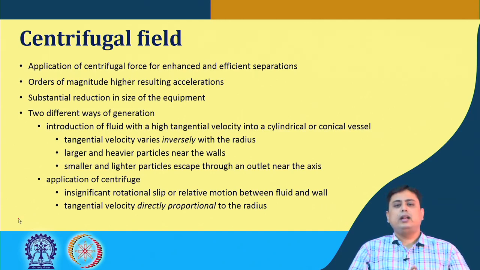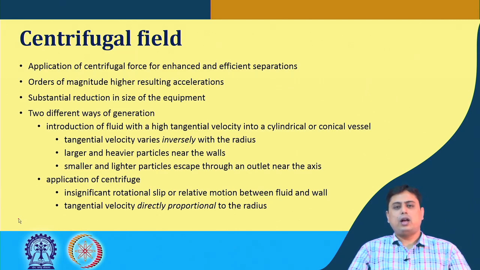That would be the ideal point where the fluid sticks to the solid wall and moves along with the impermeable wall. In this case, the tangential velocity is directly proportional to the radius.